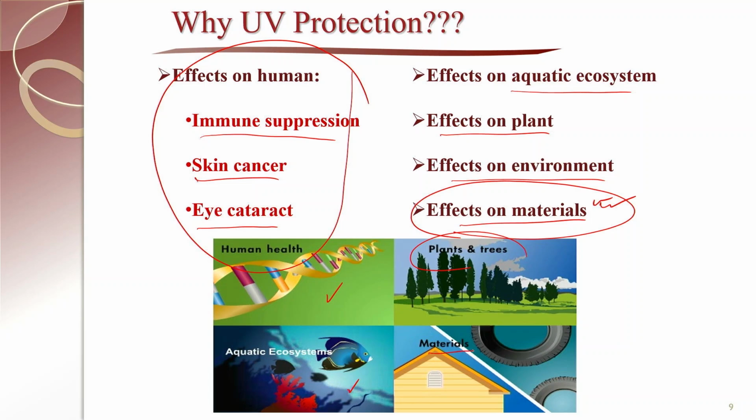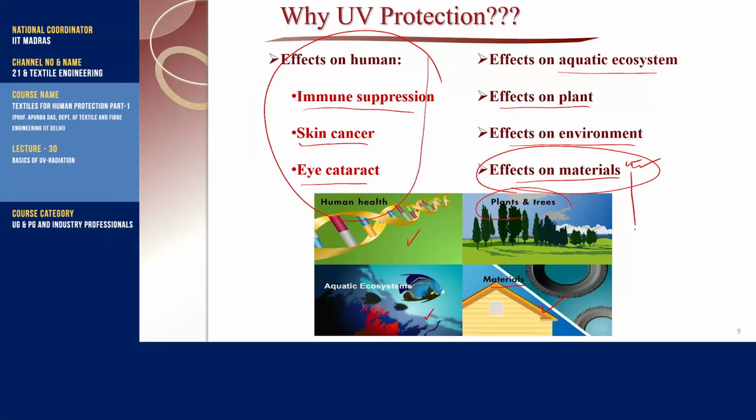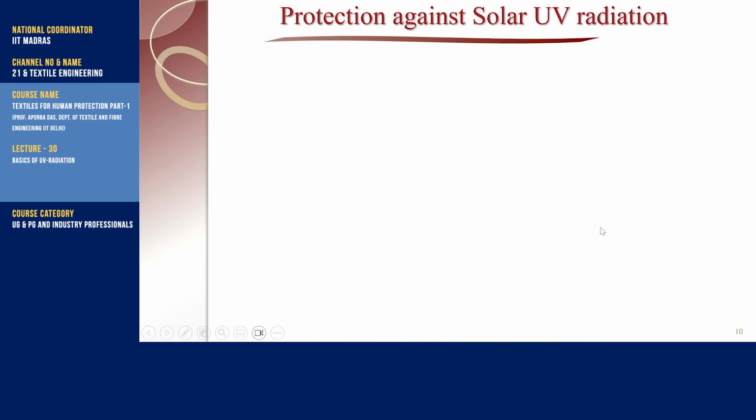The material gets degraded, rubber, polyester, any polymer, nylon gets affected, polypropylene, this type of different polymers they get affected, even these colors and paints, they are polymeric materials. So, they get affected, they fade out due to the ultraviolet ray.